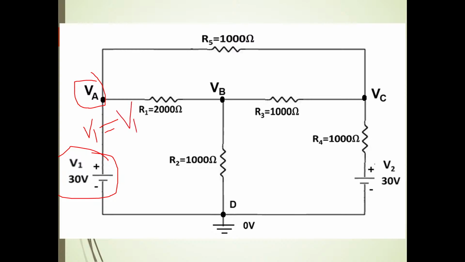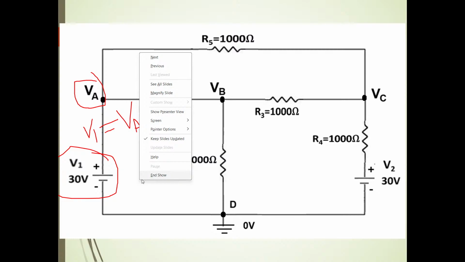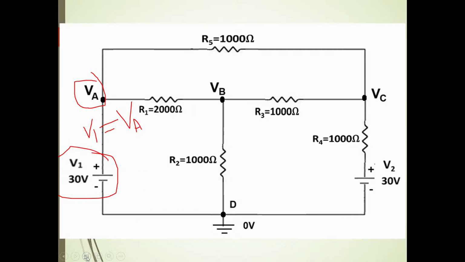Why? Because the source is directly connected to the node, so the node voltage is nothing but the source voltage. So VA is nothing but V1.